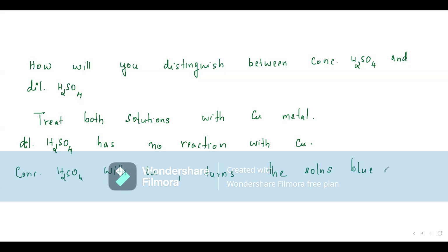This will be enough. Or you can even write with the evolution of a burning sulfur smelling gas which turns lime water milky. So here the point is dilute sulfuric acid has absolutely no reaction with copper, but concentrated sulfuric acid reacts with copper to turn the solution into blue color.